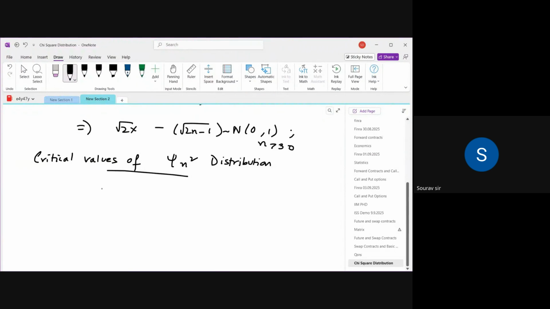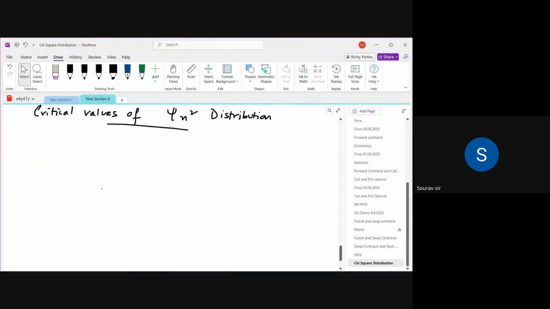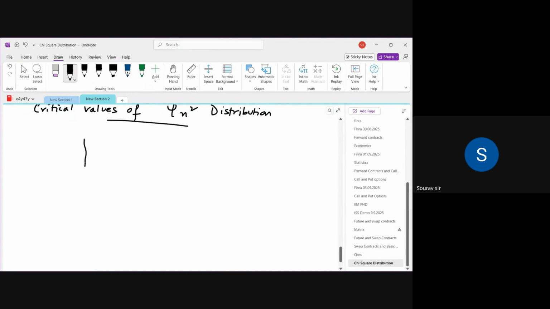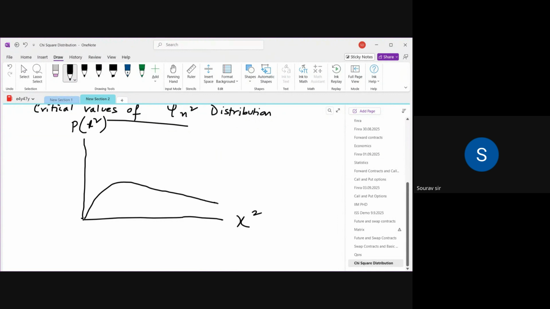So first, let us draw the diagram for this. Here, this is your acceptance region.